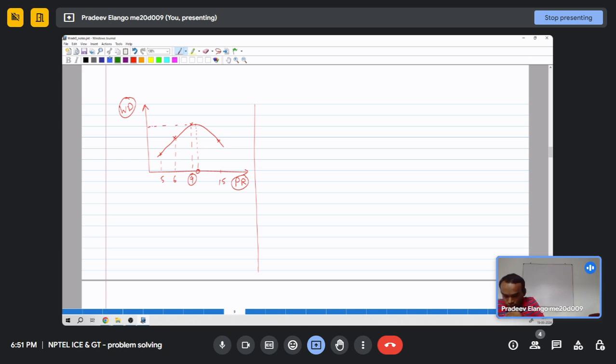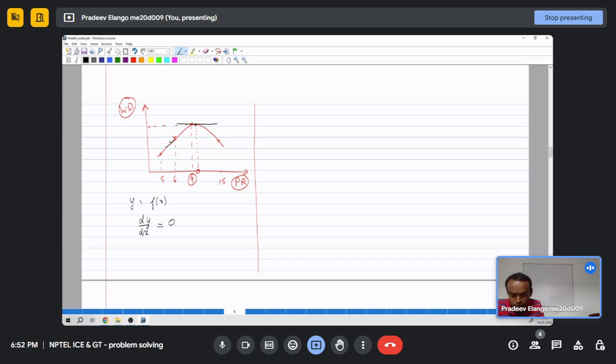Say y is a function of x. Now if you want to find the optimal, dy by dx should be 0. dy by dx is slope, right? So at the optimal point the slope is 0.